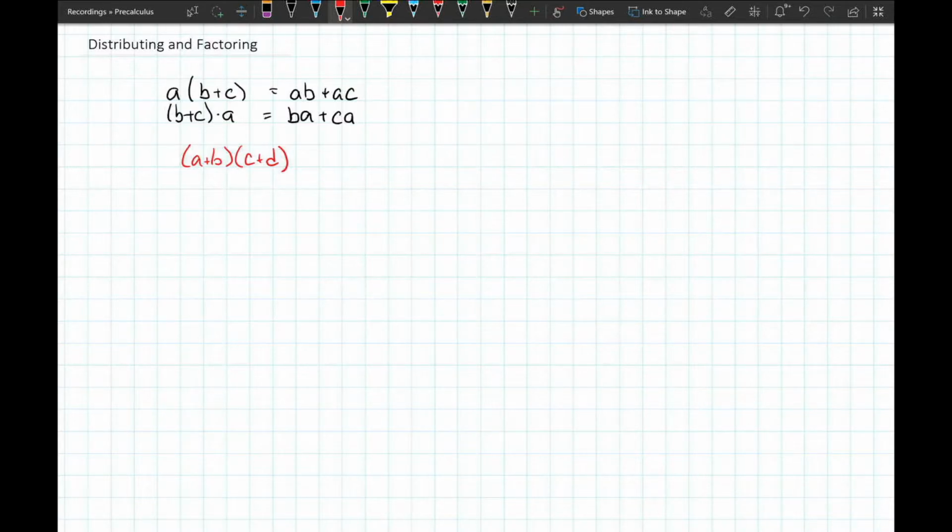What I could do is apply the distributive property from the right and take this C plus D and multiply that into the brackets on the left-hand side. So C plus D will get multiplied on the right-hand side by A, and C plus D is going to get multiplied on the right-hand side by that B as well.